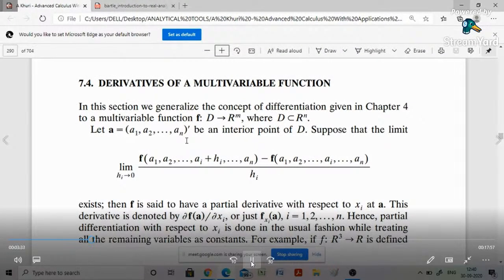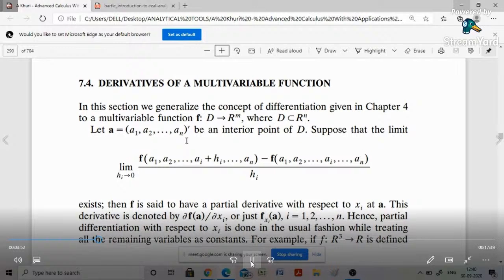So we have the domain of the function D, where D is a subset of R^n, and the range of the function is R^m, and let a, the vector a, be denoted as a1, a2, etc., an, a prime.